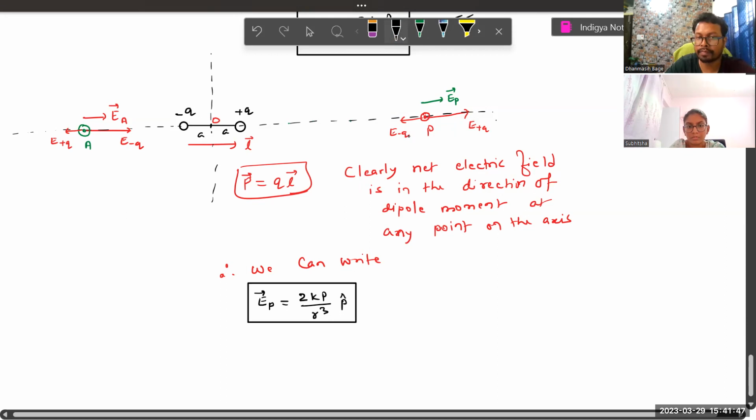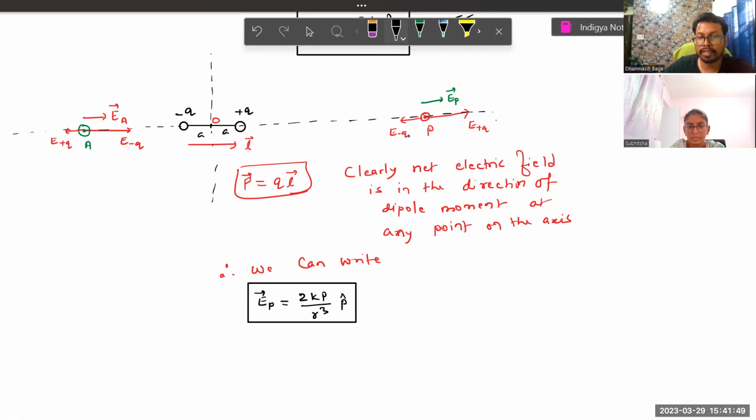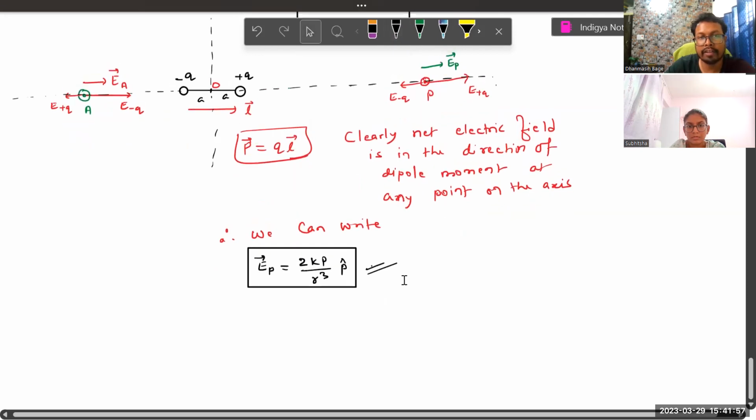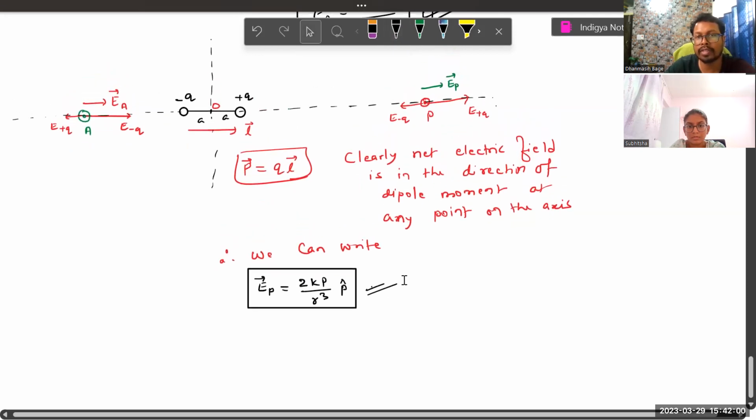Clear this point? This is the final derivation. This is very important, so that is what you have to know. The electric field at any point on the axis is always in the direction of the dipole moment.